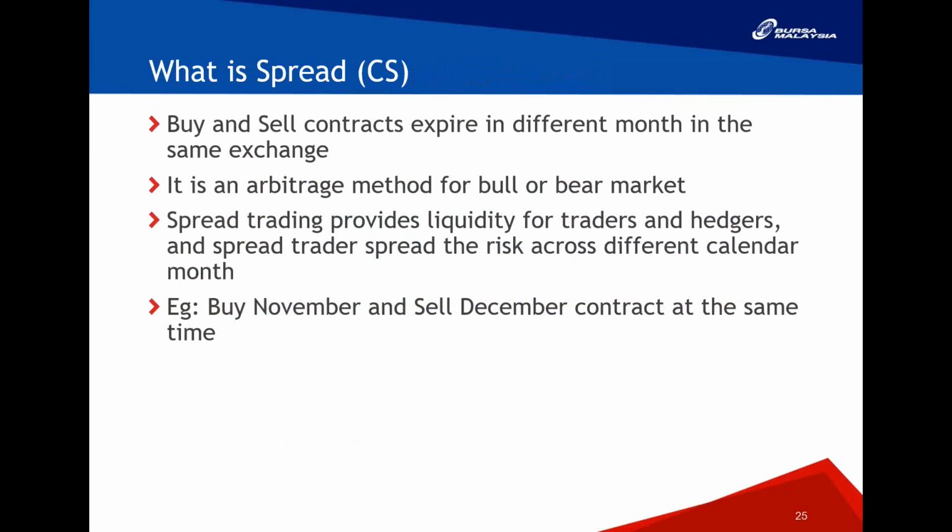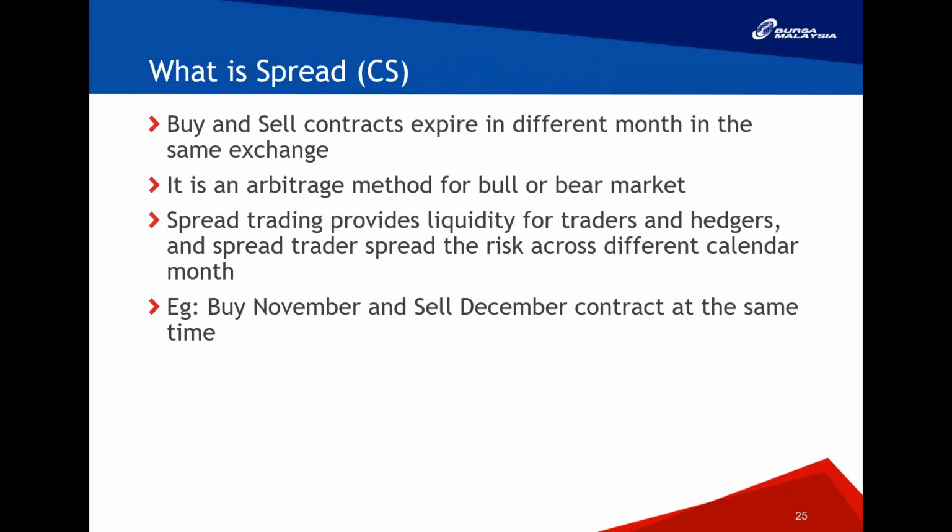So candle spread, basically you buy and sell contracts that expire in different months on the same exchange. Let's say CPO has contracts for the first 12 months from now: you will have July, which is the spot month, August, September, October, November, December, January, February, March, April, May.